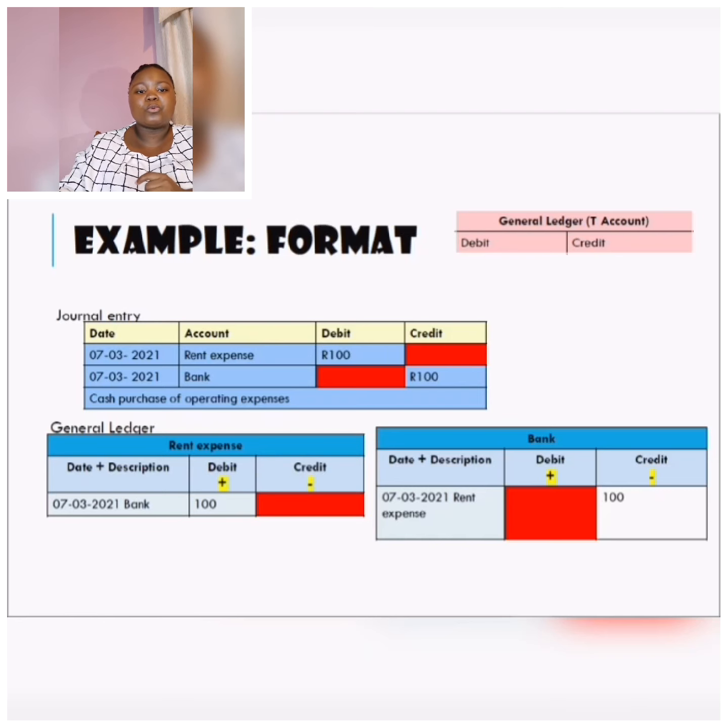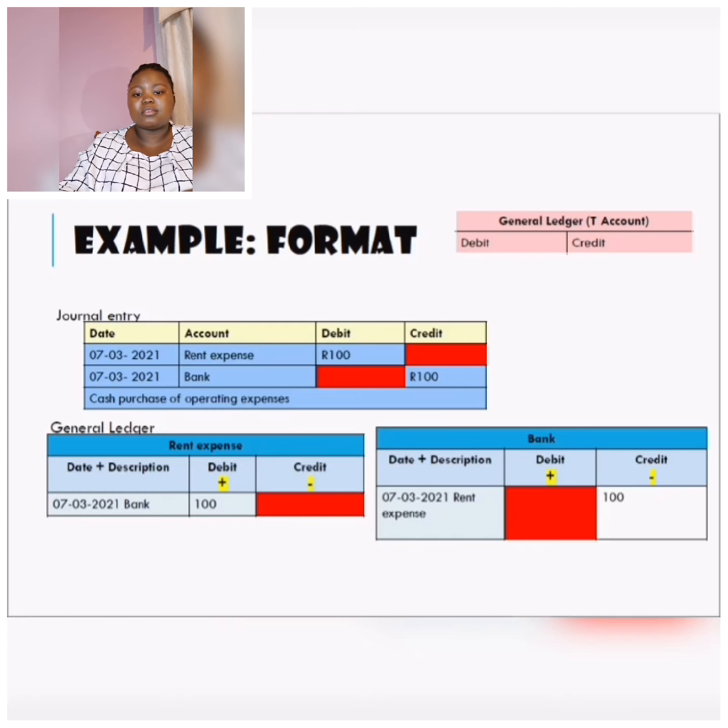This is where we would see whether the account increases on the debit side or the credit side. That's why I showed you a recap of that acronym, so you can jog your memory. Remember that I said expenses increase on your debit side, so whenever you're doing your journals, just ask yourself: is it an expense, is it an asset, is it equity, is it a liability?